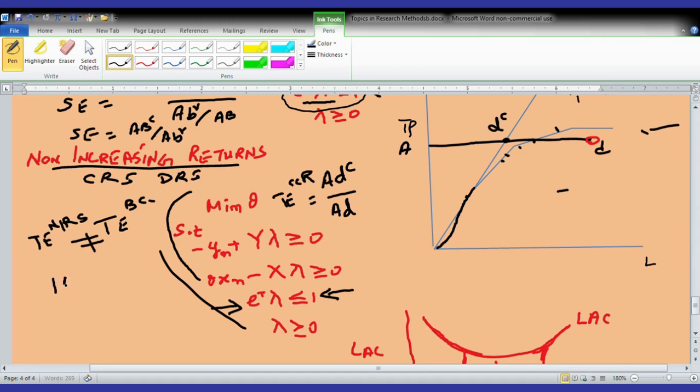So this implies increasing returns to scale. Equality implies decreasing returns to scale, and inequality implies increasing returns to scale.